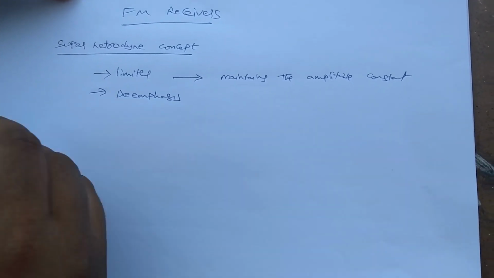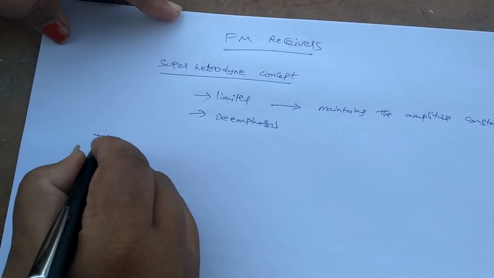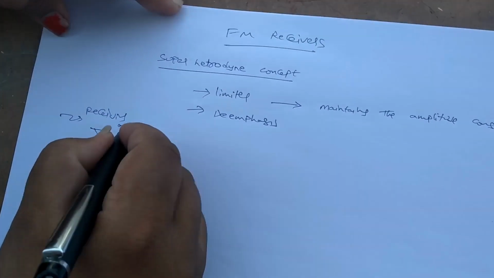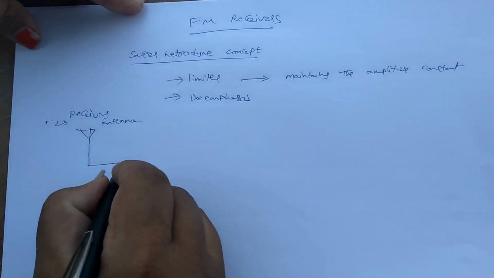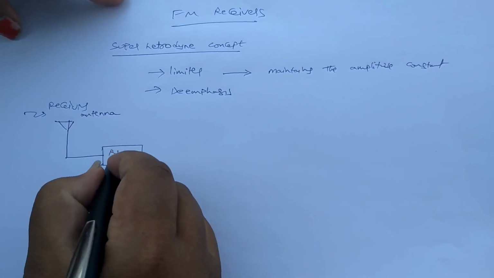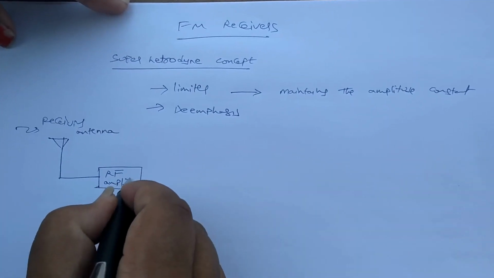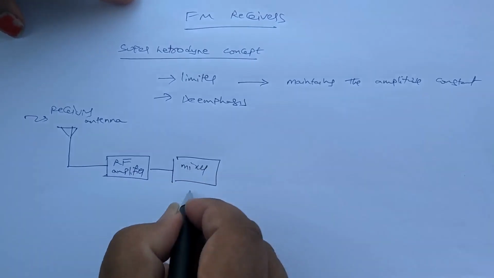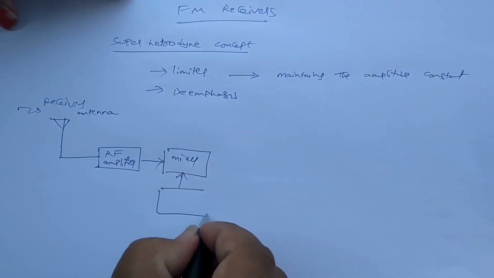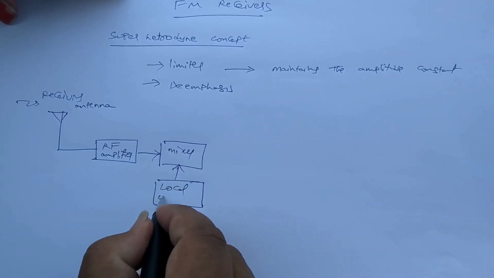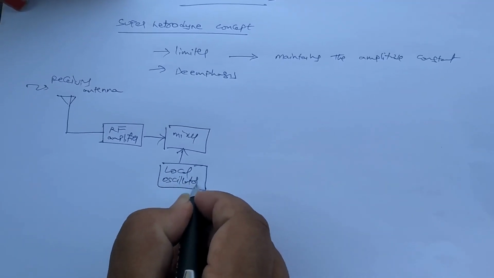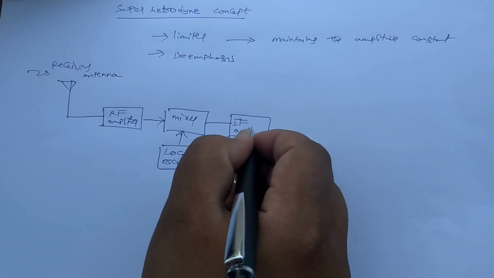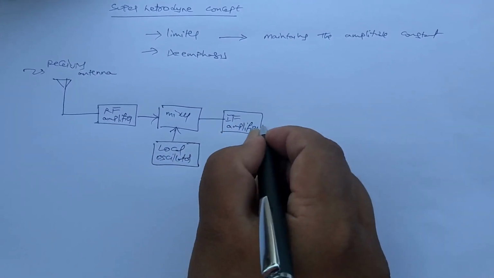The block diagram for the FM receiver starts with the receiving antenna, and after that, as in the AM receiver, the RF amplifier, followed by the mixer, and another input is the local oscillator. These stages are common to both AM and FM. After that, the IF amplifier. This is referred to as the first stage of frequency conversion.